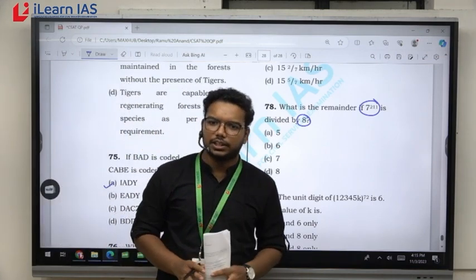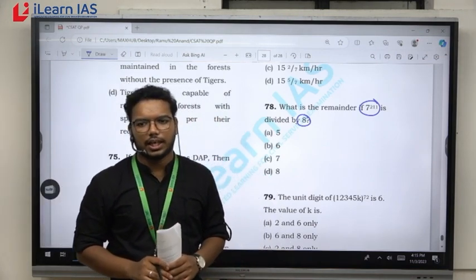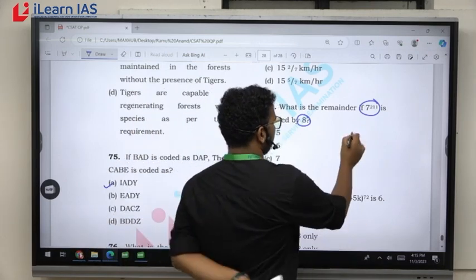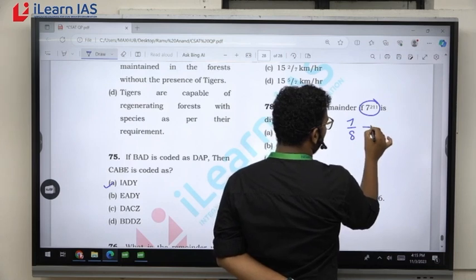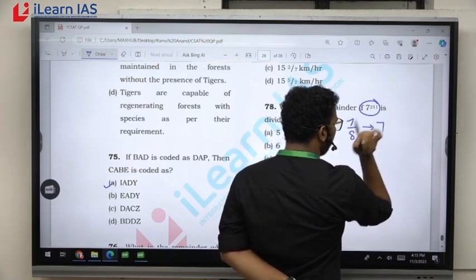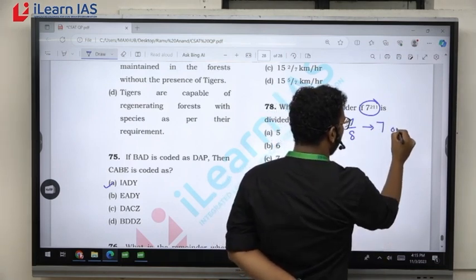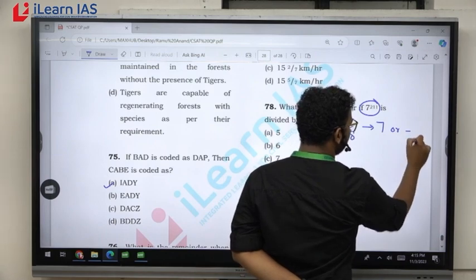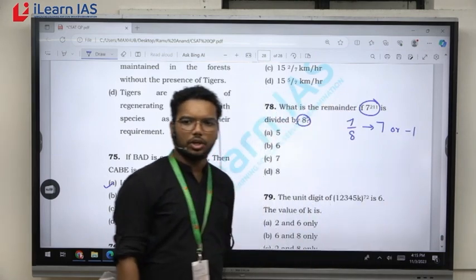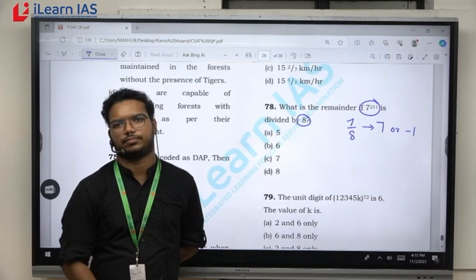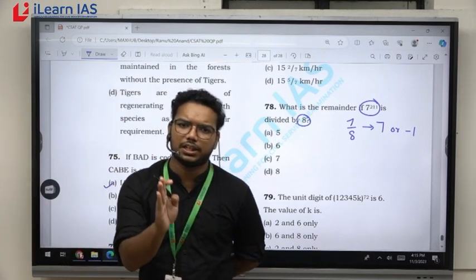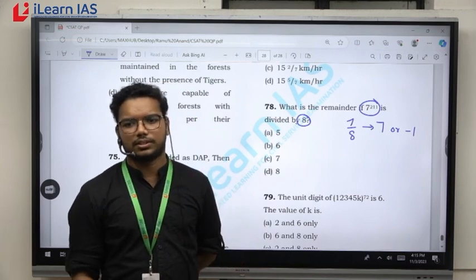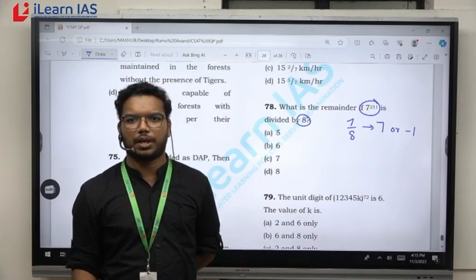If 7 is divided by 8, the remainder can be written as 7, or with the negative remainder concept it can be written as -1, because 8 minus 1. This is the negative remainder concept.